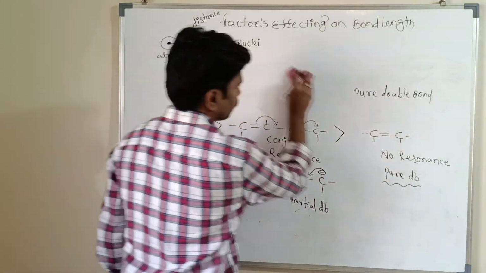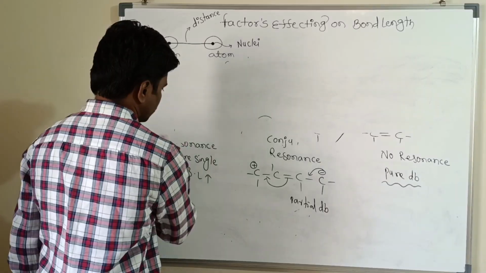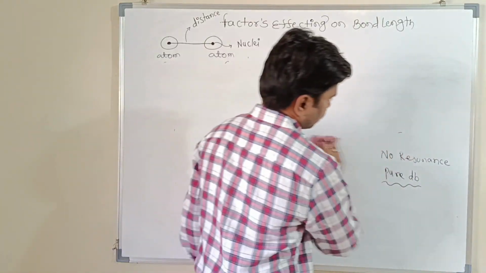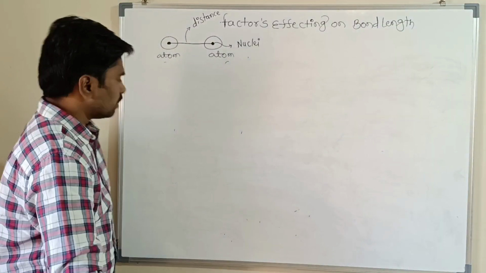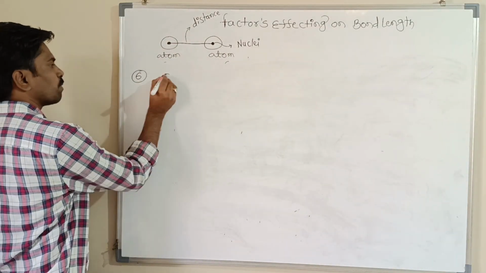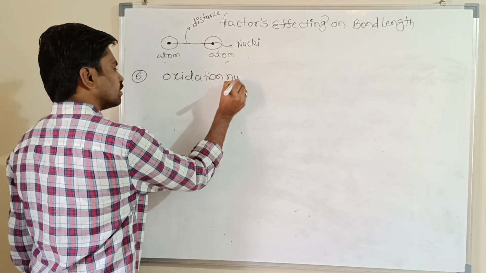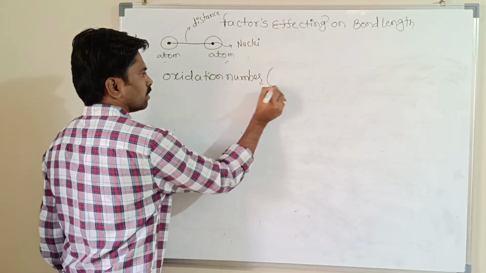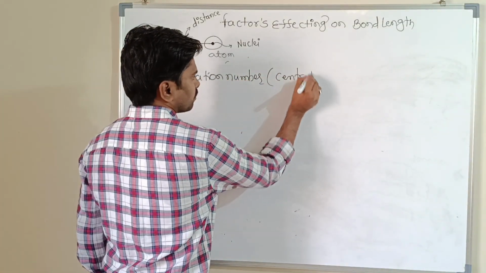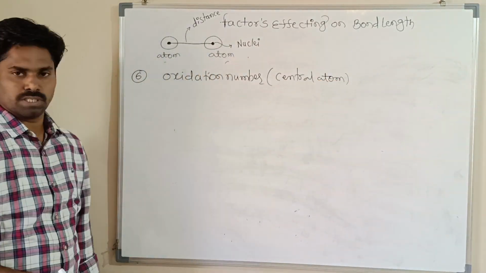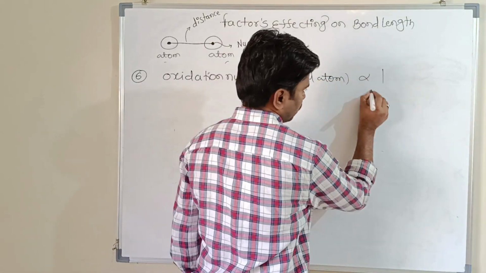oxidation number. The next case, that is the sixth one, oxidation state. Sixth case, oxidation number of the central atom. So the oxidation number of the central atom and bond length are inversely proportional.